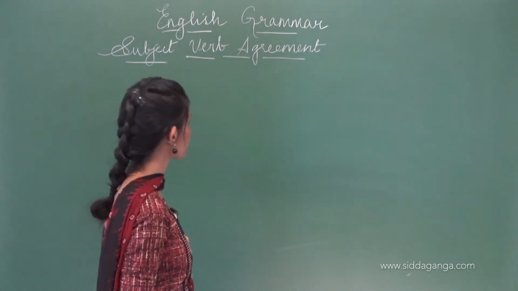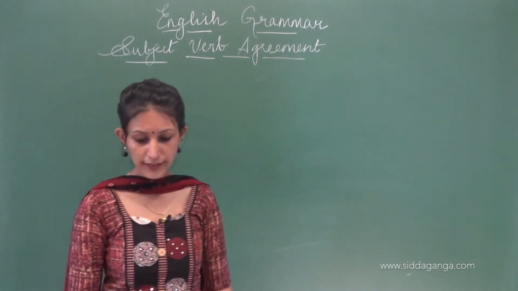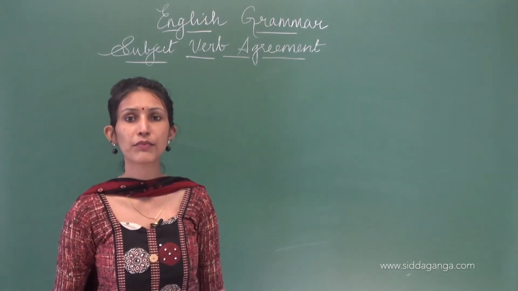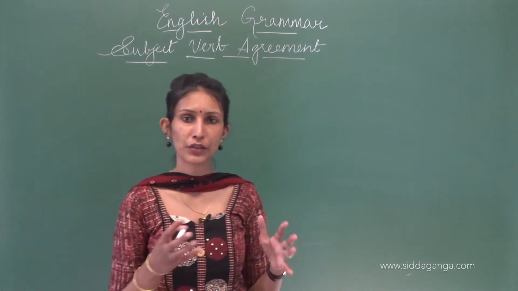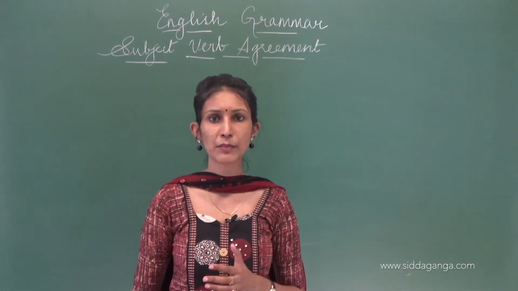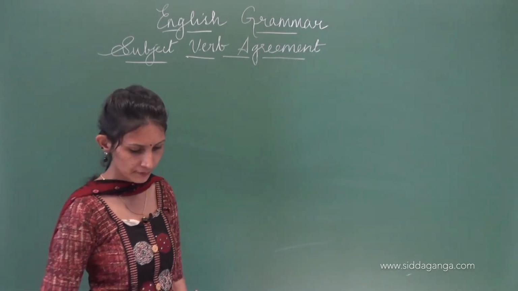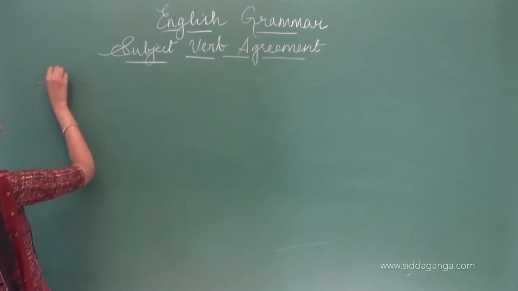Now, we'll write something. You can take this down, and after that I will give you certain rules that you will have to follow while using subject-verb agreement, and then we will see certain examples where you can easily comprehend. So, first write what is a subject.